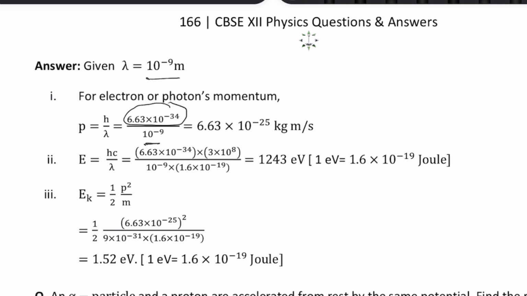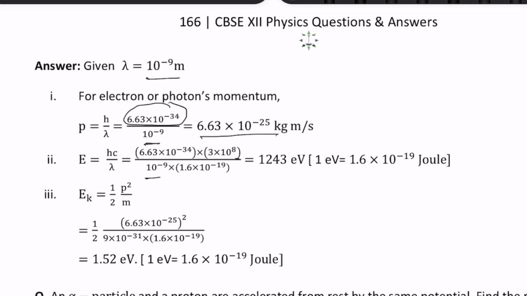So the momentum associated with this is 6.63 into 10 to the power minus 25. Now the energy of the photon: energy is equal to hc by lambda, where c is the velocity of light in vacuum, 3 into 10 to the power 8.